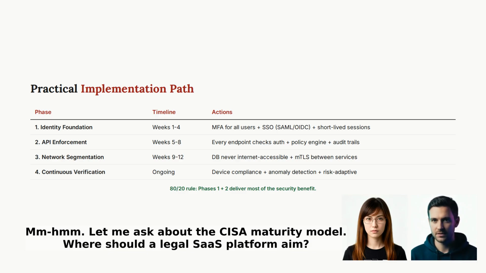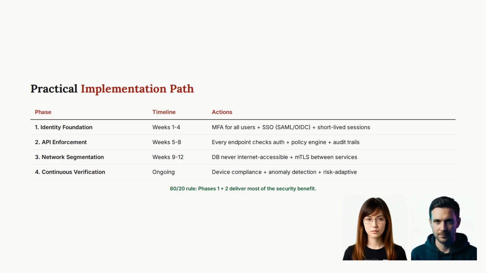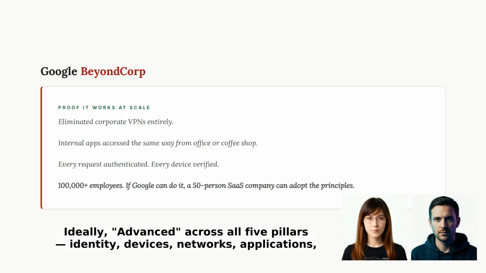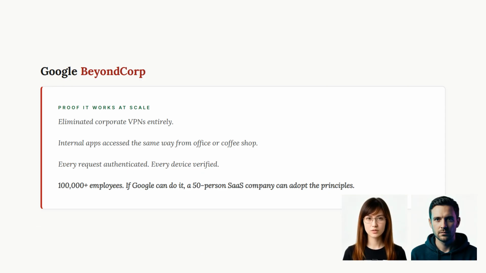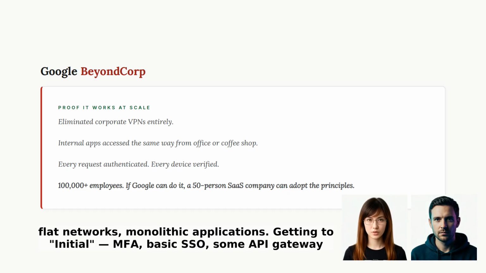Let me ask about the CISA maturity model. Where should a legal SaaS platform aim? Ideally, advanced across all 5 pillars: identity, devices, networks, applications, and data. But let me be realistic. Most small SaaS teams start at traditional passwords, flat networks, monolithic applications.